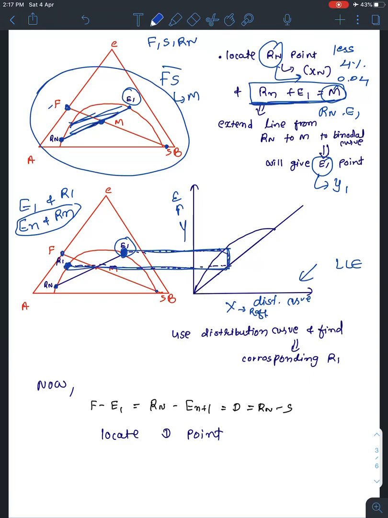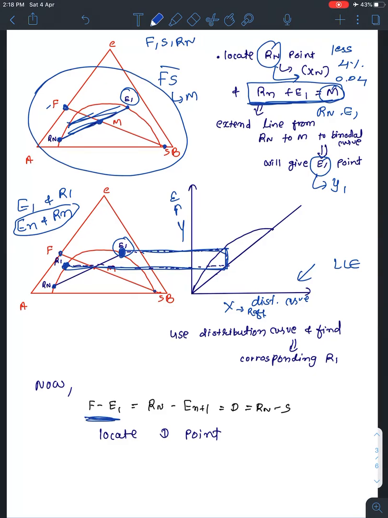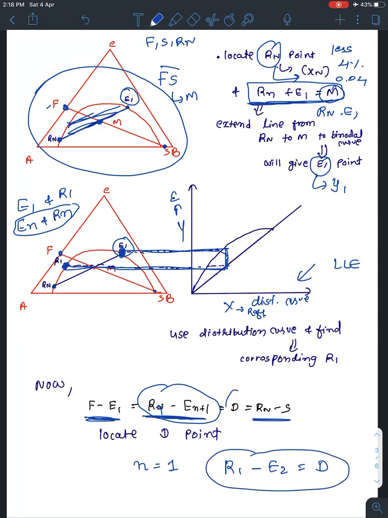Okay, so now what is the importance of this R1? As you can see over here, we discussed earlier that F minus E1 is equal to Rn minus En minus 1, which is equal to Rn minus S. Okay, so now if I write this down, let's take n equal to 1. If we apply n equal to 1 over here, it will be R1 minus E2, which is equal to D. So the common thing is D. So why can't we go for this D point?